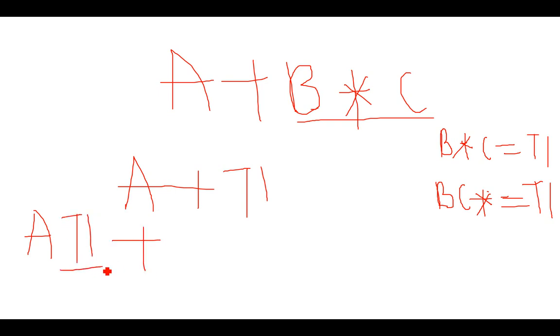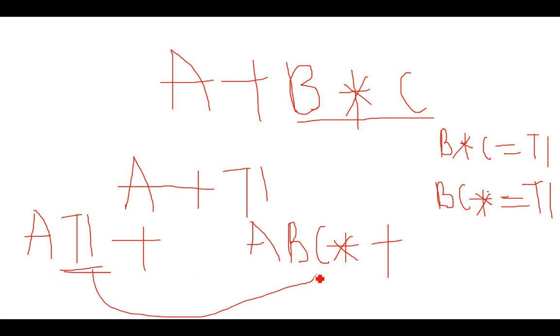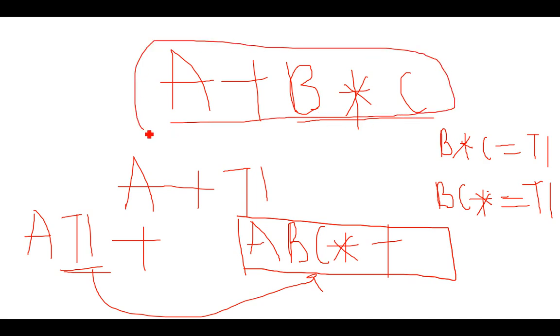What is this T1? Replace this T1 with the original expression, that is A, then we have BC into, then we have the plus operator. So T1 is replaced with the original expression, BC into. This is the postfix notation representation of the above expression.